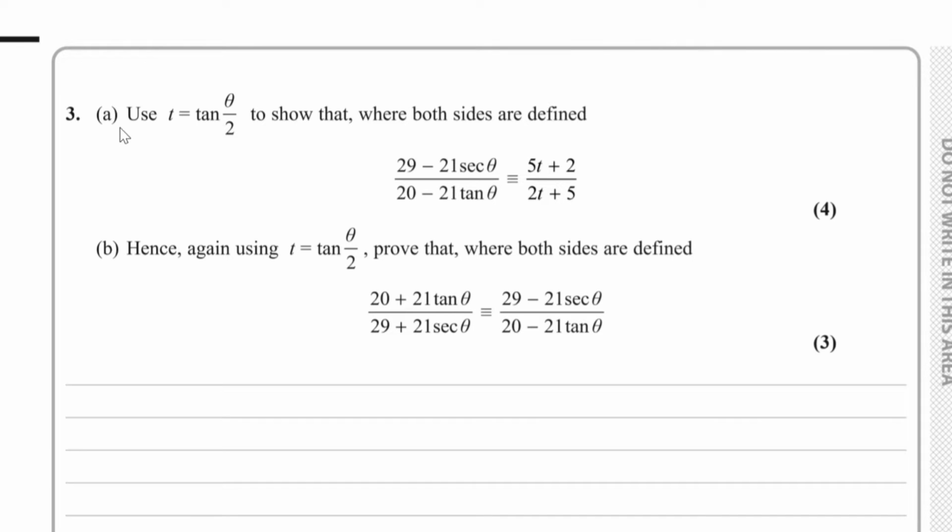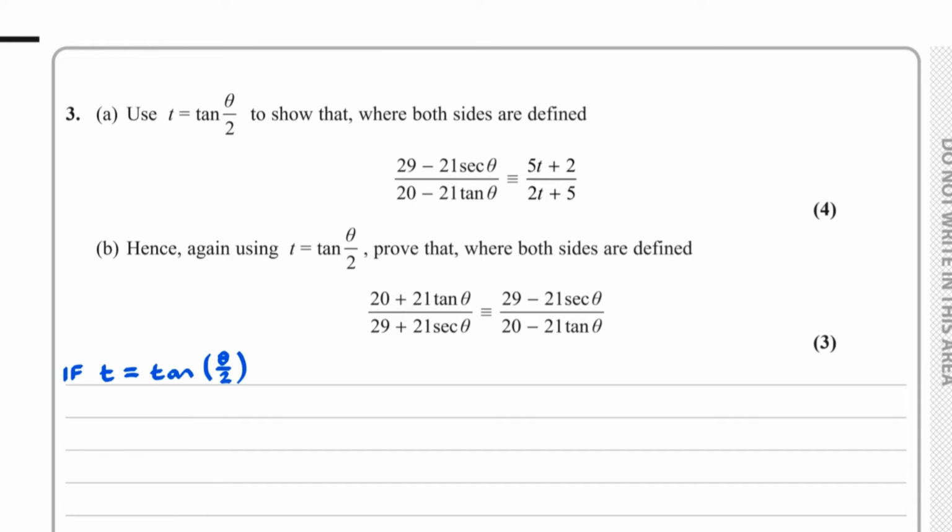Question 3, part A. We have to use t equals tan of theta upon 2 to show that, where both sides are defined, (29 subtract 21 sec theta) over (20 subtract 21 tan theta) is equivalent to (5t plus 2) over (2t plus 5).